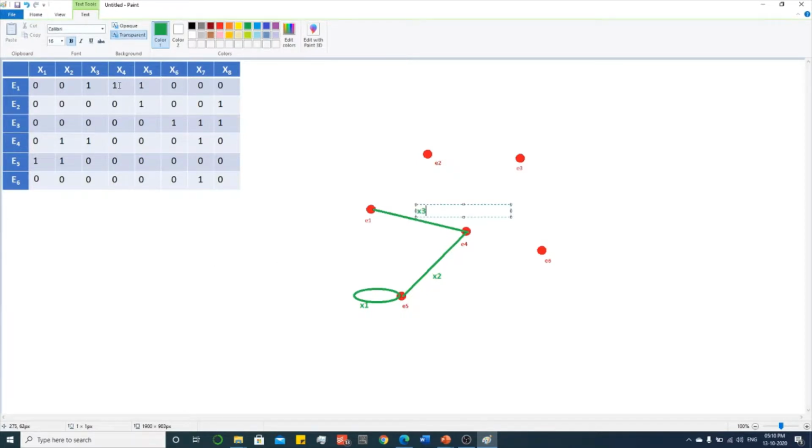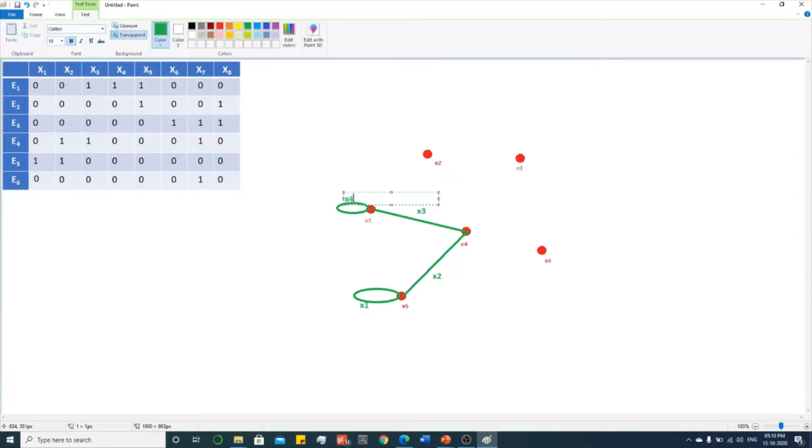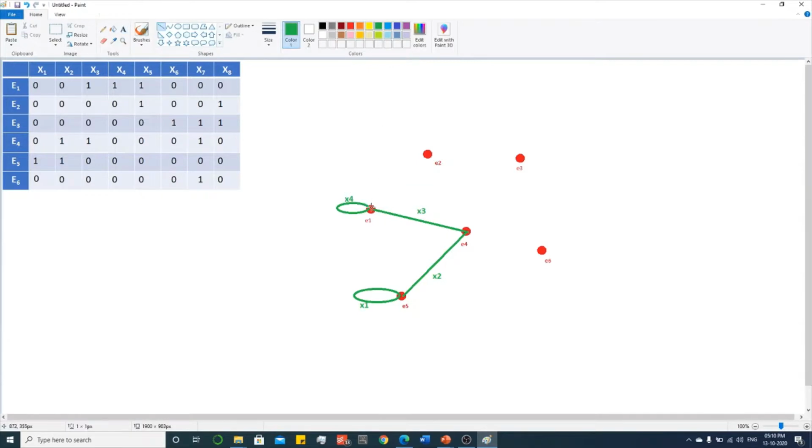X4 is connected with only E1, so this same kind of circle will appear over there. This is x4. X5 is connected to E1 and E2. So 1 and 2. This is x5.